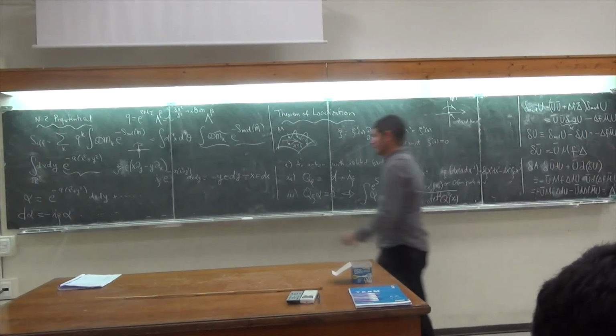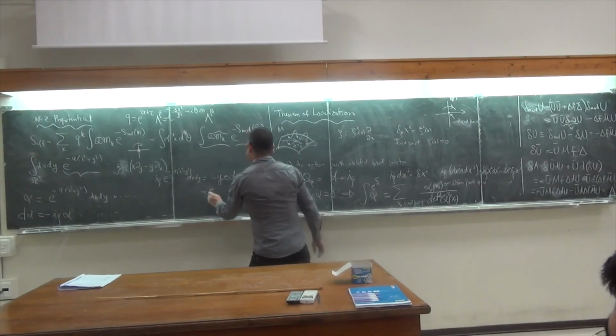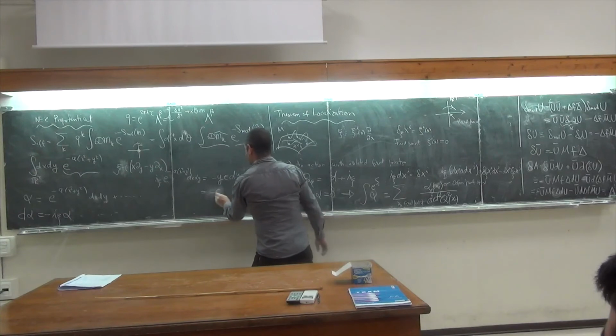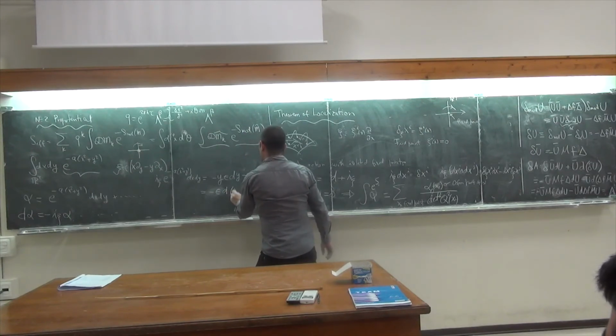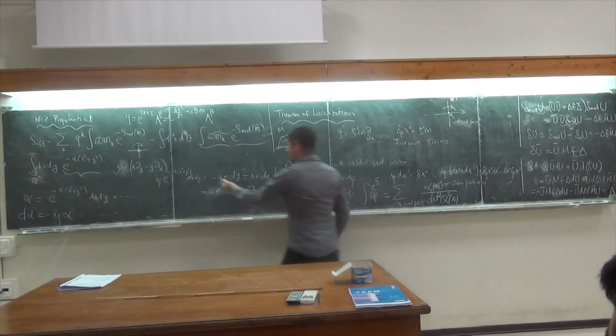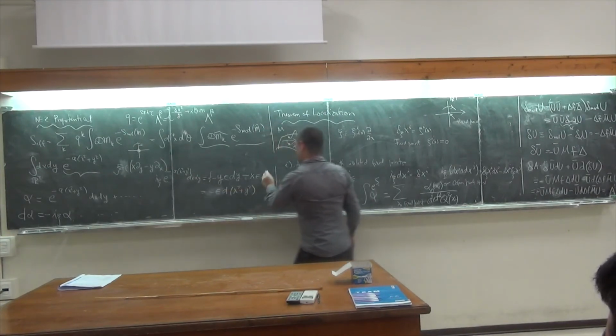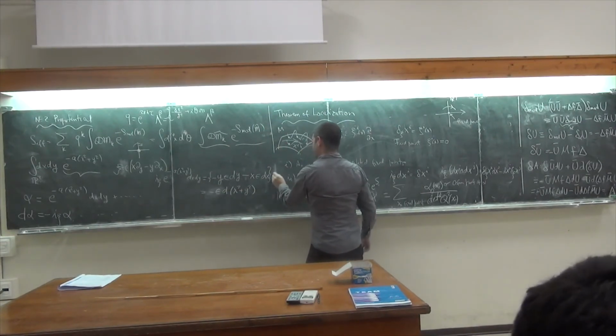And this is minus epsilon d of x squared. Sorry, and there was always this exponential.